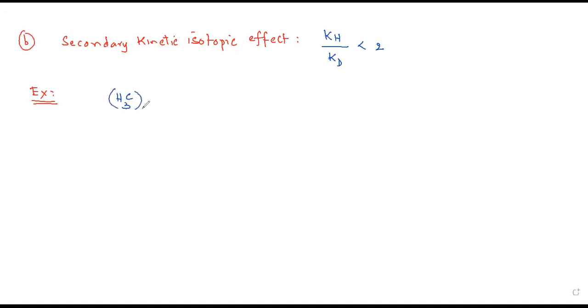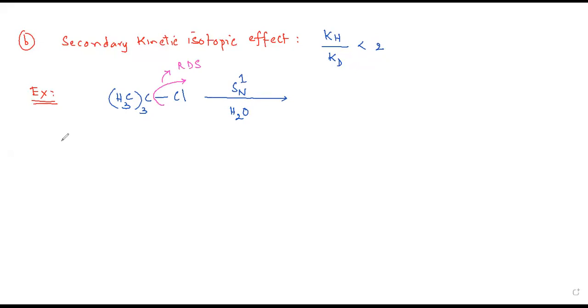SN1, nucleophilic substitution unimolecular, similar to our E1 with some basic differences. I have taken a tertiary alkyl halide. I'm using a solvent water, which acts as a weaker nucleophile here. And in this case, you know the rate determining step is actually the breaking of this carbon-chlorine bond. This is the rate determining step where you get a carbocation.